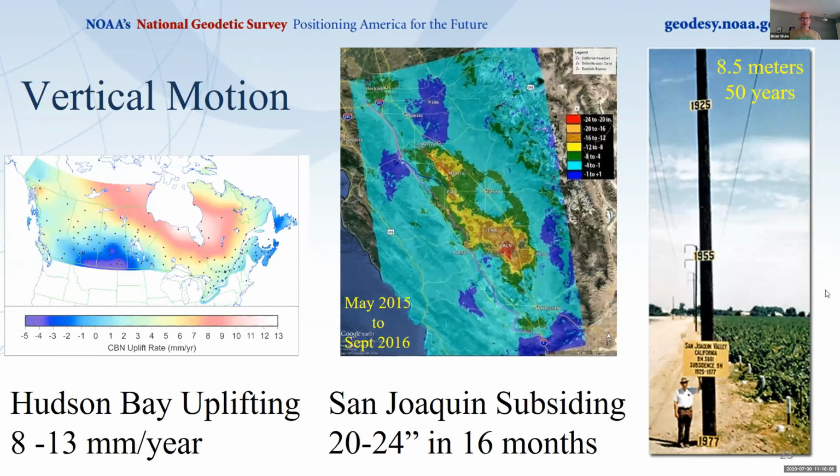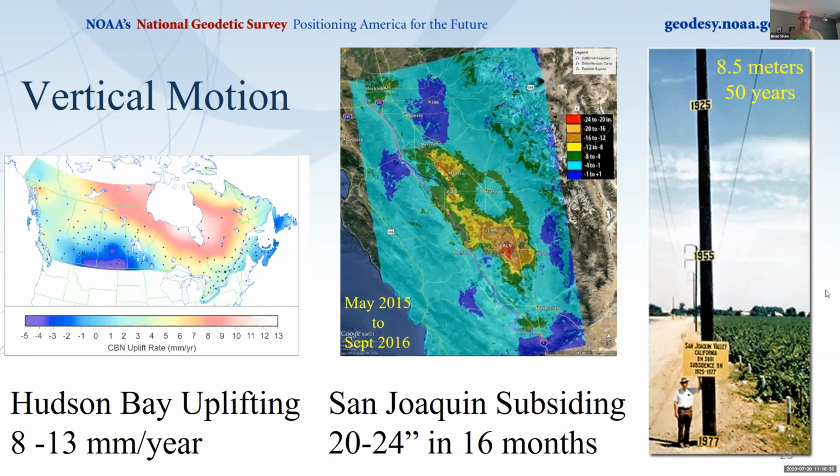And so for vertical motion, I've got a couple maps here. On the left, you can see the GIA causing the uplift around the Hudson Bay. It's not a small amount. It's about 10 to 12 millimeters a year right near Hudson Bay, which, if your data is 10 years old, that's up to about a meter, or I forget, but centimeters of change.